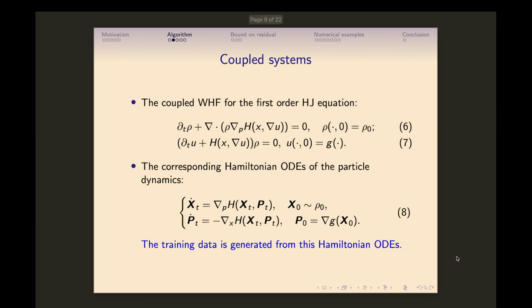Let me try to explain each step along the way. You have the Hamilton-Jacobi equation, you multiply by rho, and then you do the continuity equation coupling. Of course, everything is understood in the weak sense, and you have to do the integral and test function integration by parts; I'm writing it in this fashion just for convenience. And you have this coupled system.